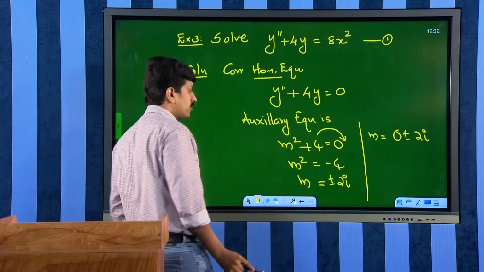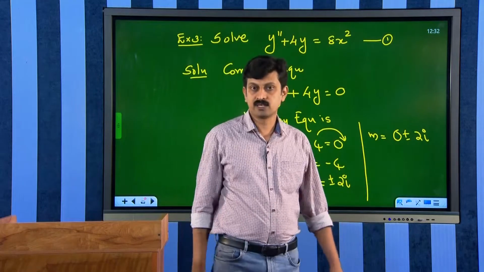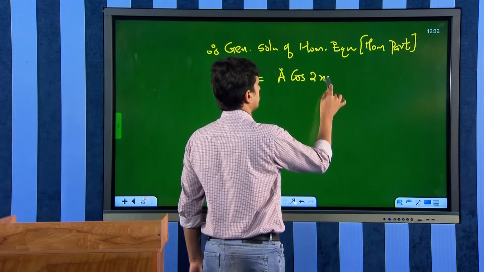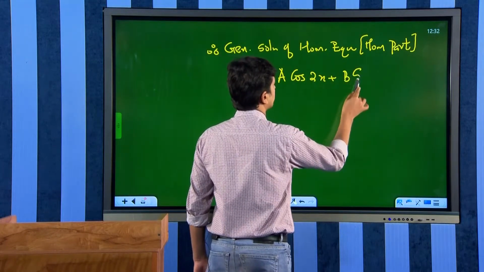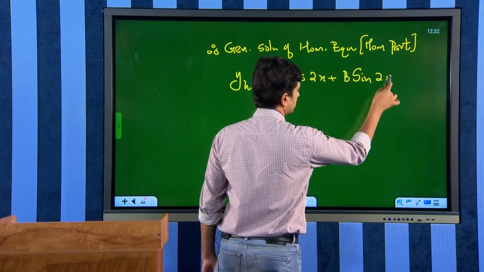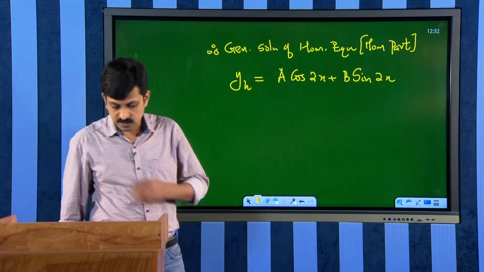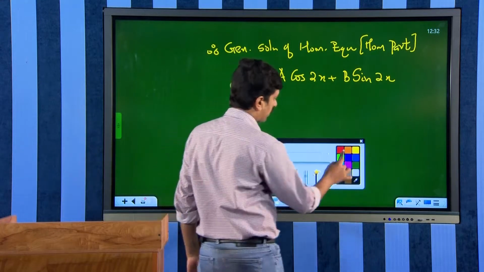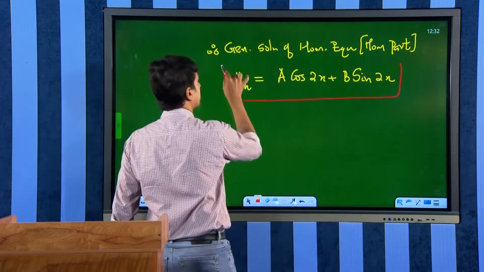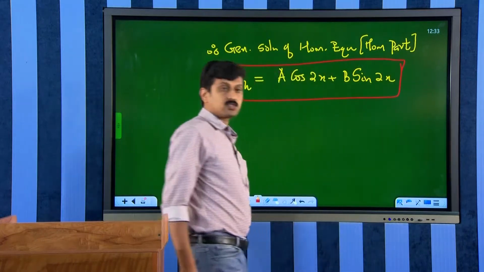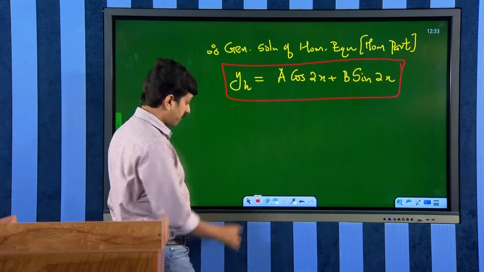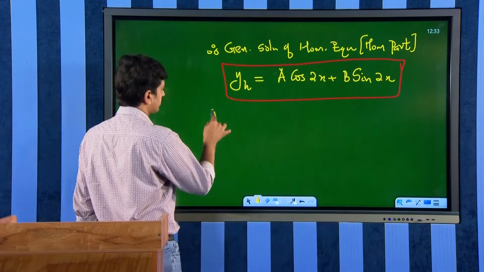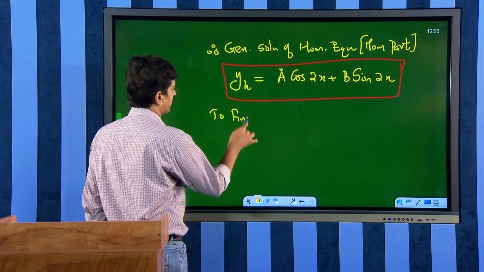Instead of q here we have the value 2: a cos 2x plus b sin 2x. Okay. This is the general solution of the homogeneous part, that is the complementary function. And dear students, we have to find again yp.